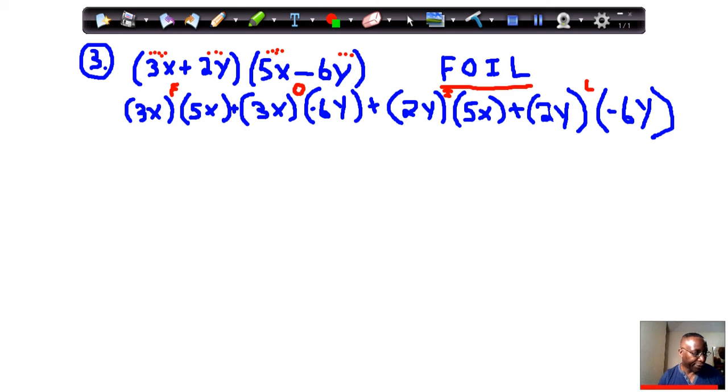And we know 3 times 5 is 15. I'm going to use blue; red is for correction. So 3 times 5 is 15. But remember, we have an x and x, so then it's going to be 15 what? x squared.